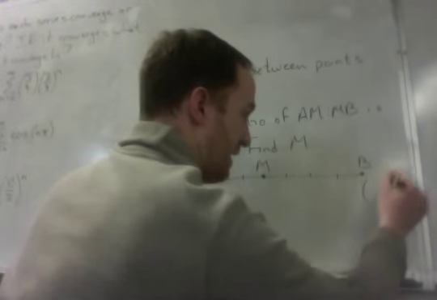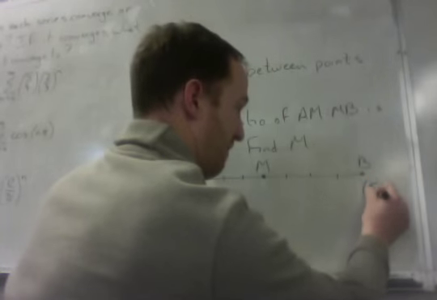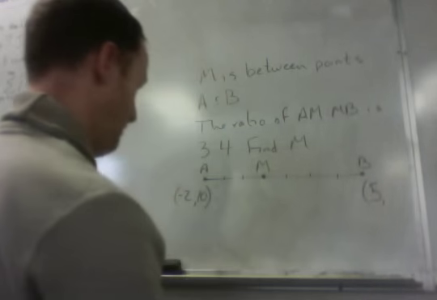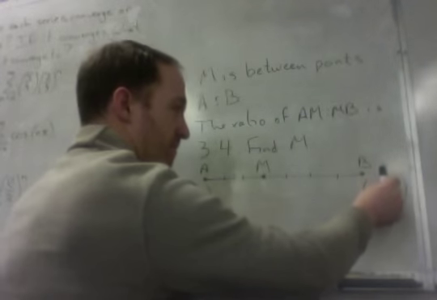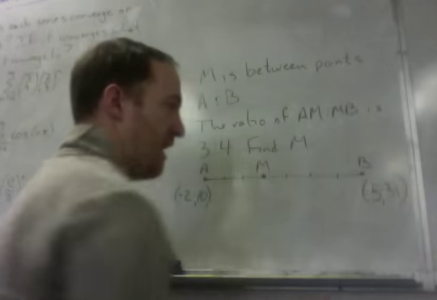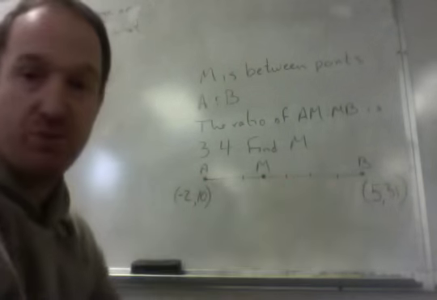And B, let's say B is at (5, 31). And we want to find this point M so that the ratio of this to this is 3/4.